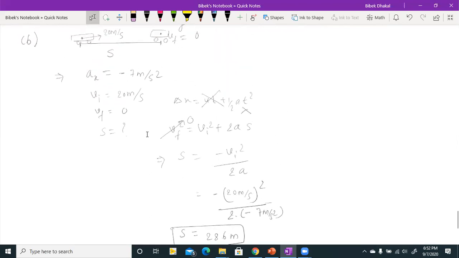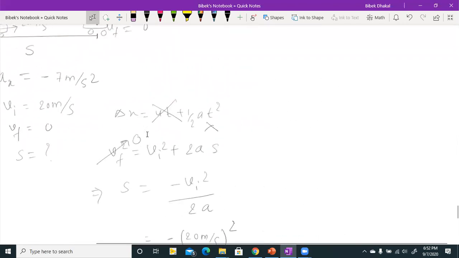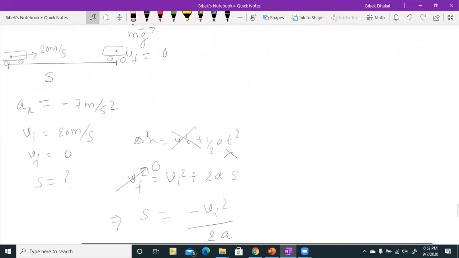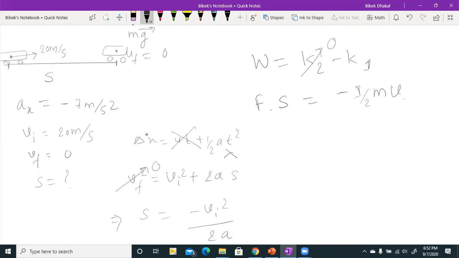You can also solve this problem using the work energy theorem. The work energy theorem is that work done is the change in kinetic energy. So work done is force times the distance, and your final kinetic energy minus the initial. Final kinetic energy is 0, and the initial is half the mass times the initial velocity square, and your force is mass times the acceleration, right?